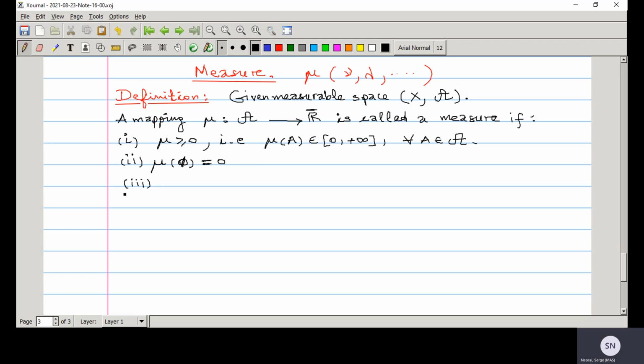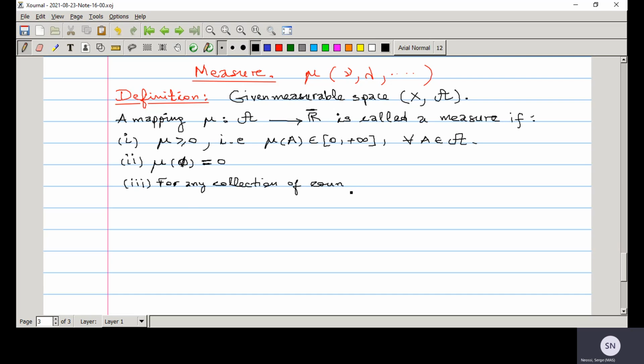Okay, now the last one. For any countable collection of sets. The sets are not countable, but it's the collection that is countable, right?